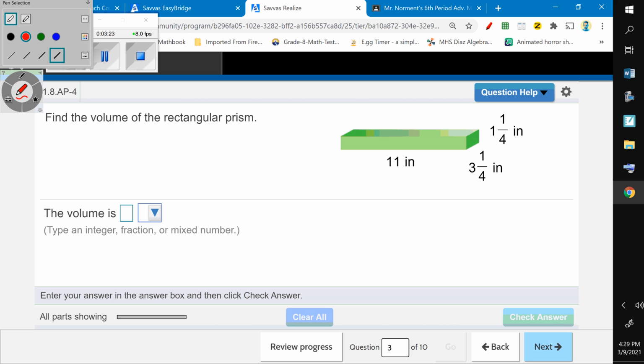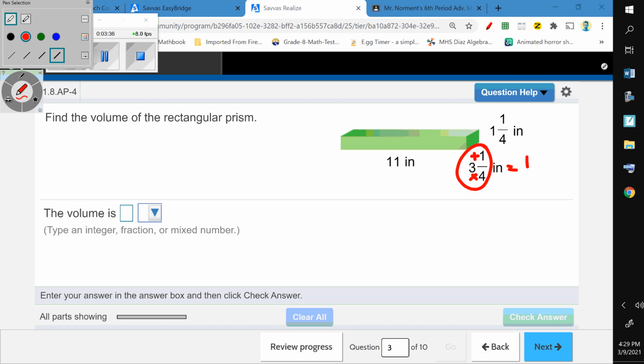Number 3. So for this one, let's convert this to an improper fraction. 4 times 3 is 12, plus 1, that's 13 over 4. Now, I want you to do this on your own, okay?